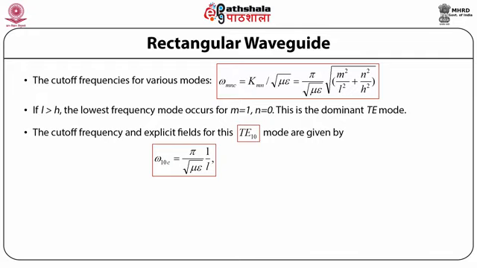And the value of the wave number k comes out to be k is equal to under root mu epsilon times under root of omega square minus omega subscript 10c whole square.